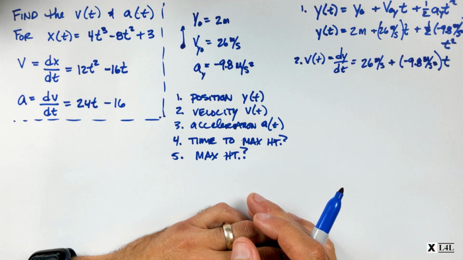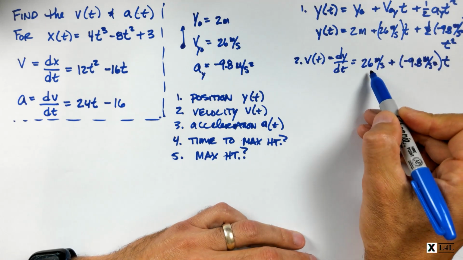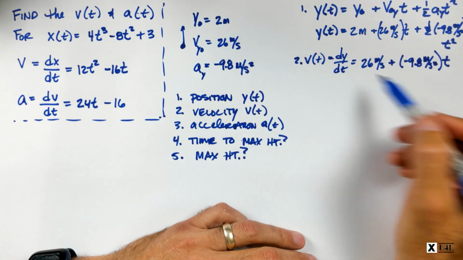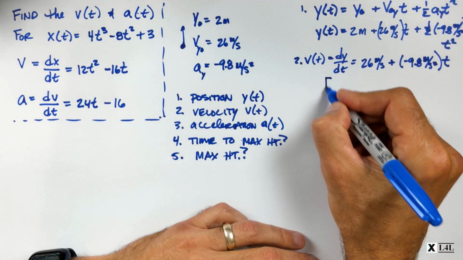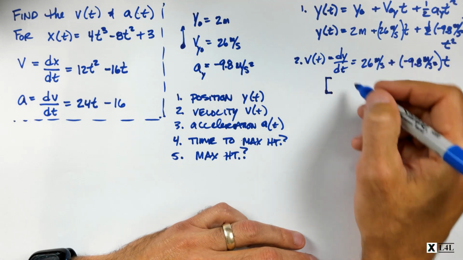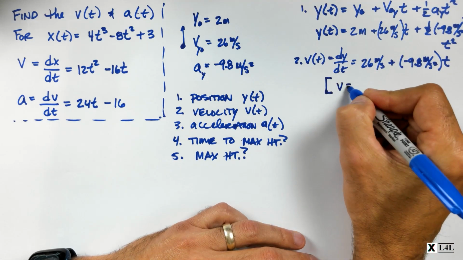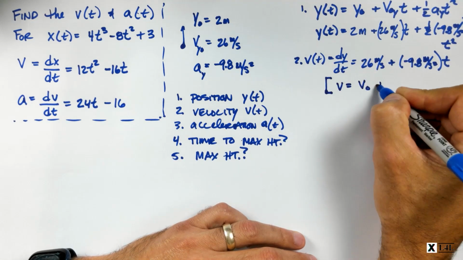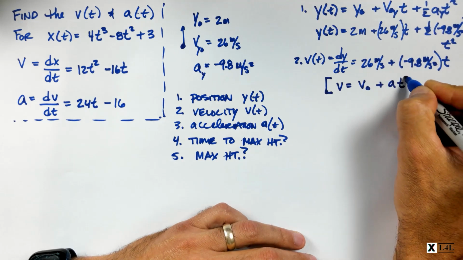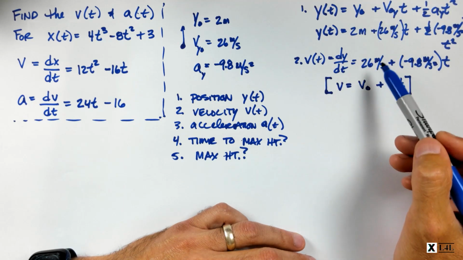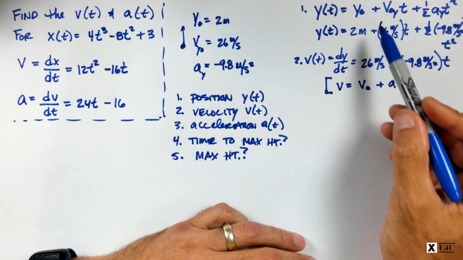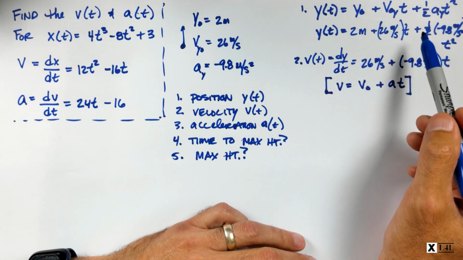Now, this may look familiar to you. What is this? This is really the initial velocity in the vertical direction. This is our acceleration. This is really our first uniformly accelerated motion equation, where velocity is equal to initial velocity plus at.